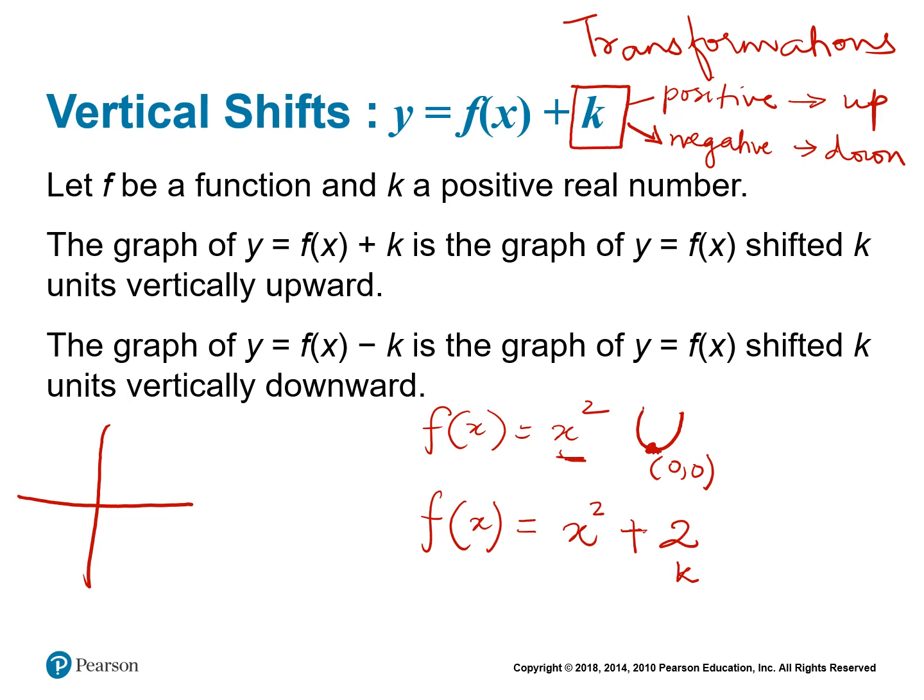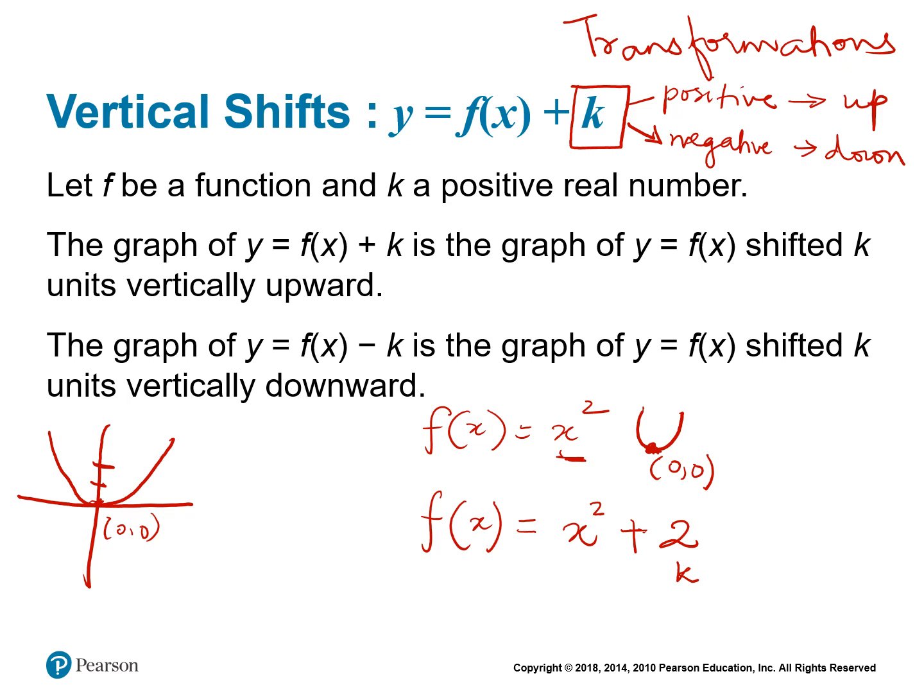So the graph of f of x equals x squared is going to have its vertex at 0, 0. But if we transform the original equation and write it as x squared plus 2, then the graph is going to slide up 2 units along the y-axis.